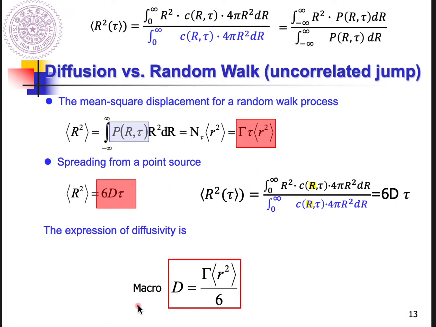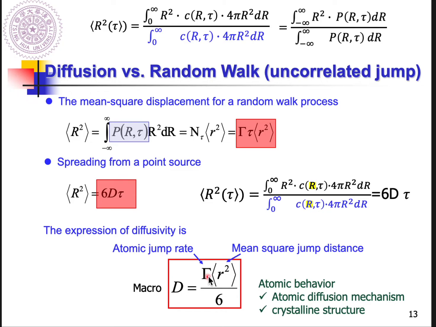So we successfully get the diffusivity, which describes how fast atoms move in your material. It is correlated with the atomic jump rate times the mean square of each jump distance, divided by 6. So this tells us that the phenomenon you measure on the macro scale in the diffusion process is correlated with gamma, the atomic jump rate.